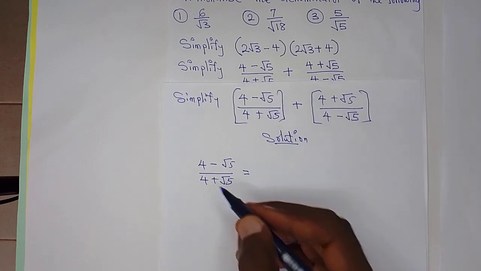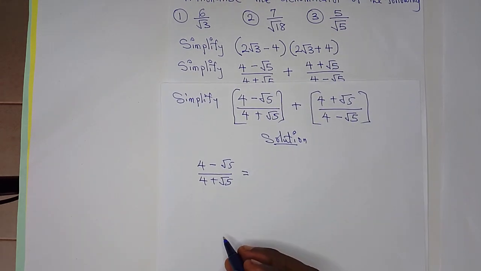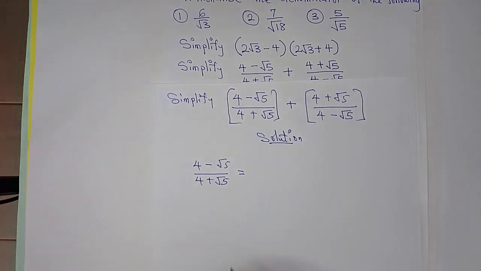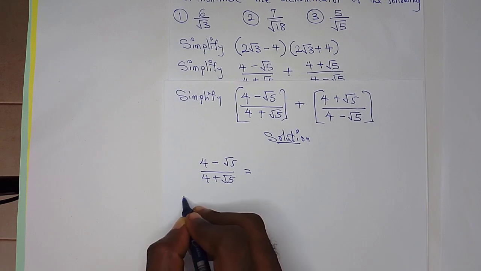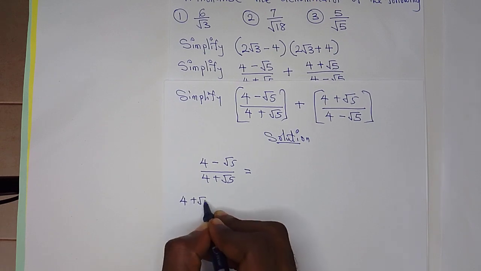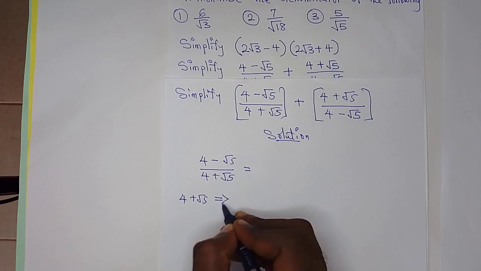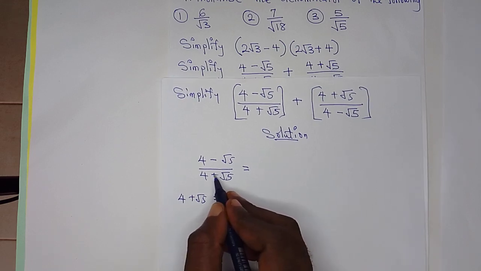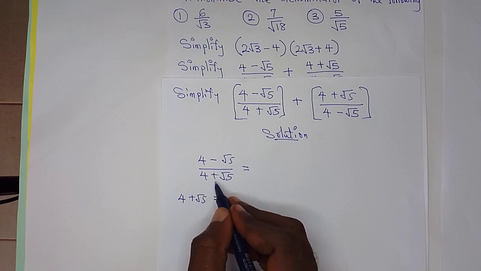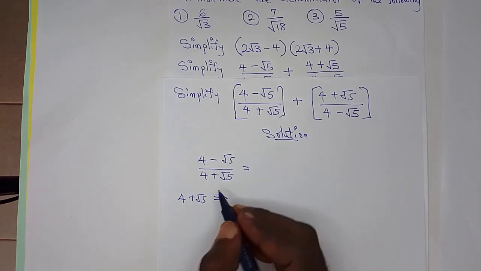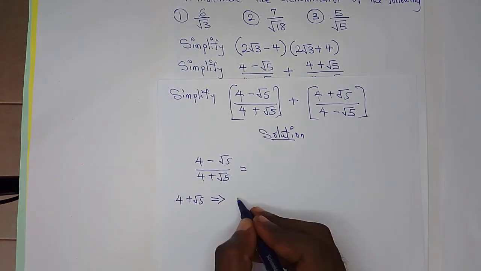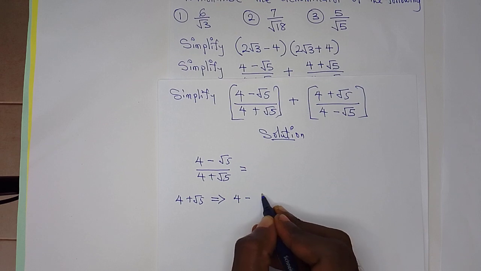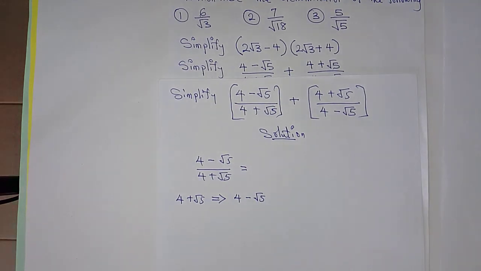So in this case now, you are going to find what we call the conjugate of the denominator. So the denominator is 4 plus root 5. The conjugate is just changing the sign. If the denominator is plus, the conjugate will be minus. If it is minus, the conjugate will be plus. So the conjugate of this 4 plus root 5 is going to be 4 minus root 5.